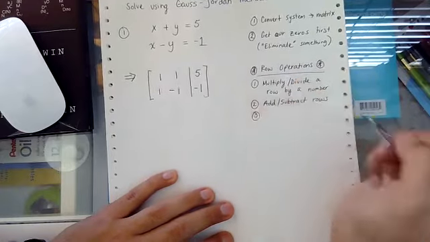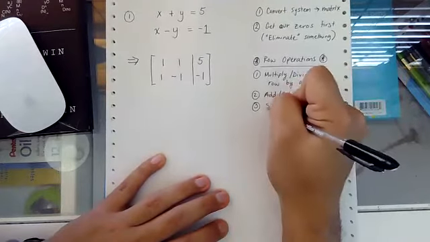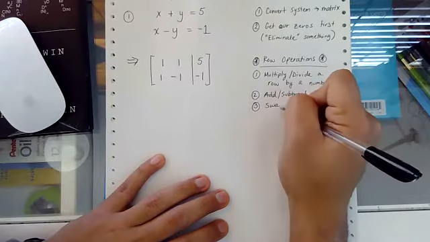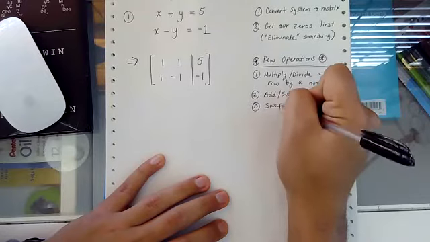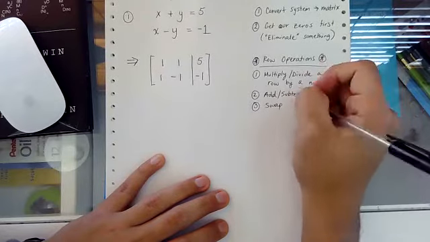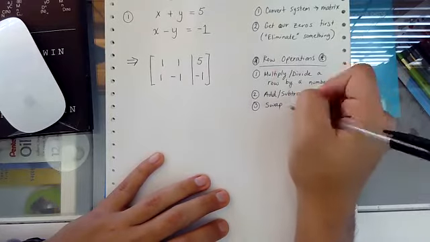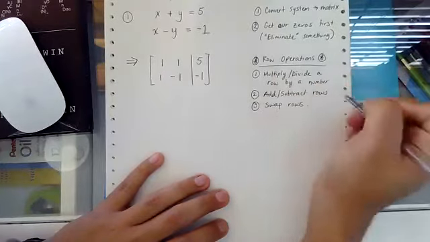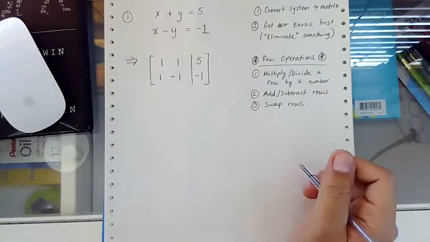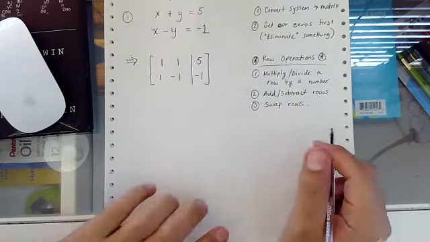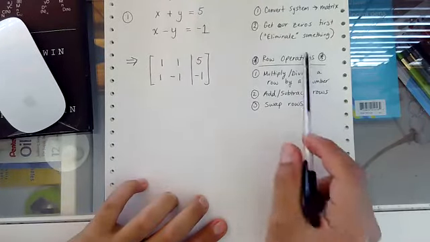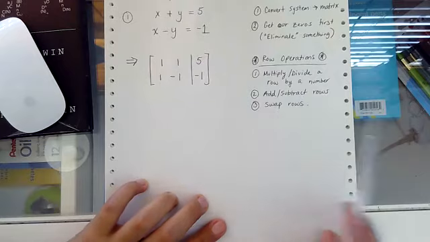And then the third possibility is just to interchange or swap the position of the rows. Sometimes that's helpful, but it's not always necessary. As long as we abide by these rules, we'll be fine.